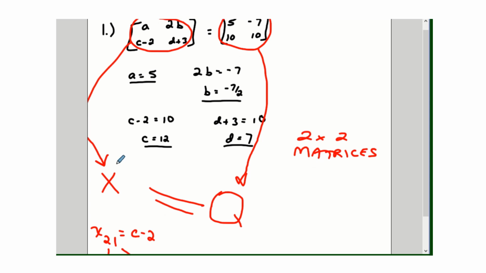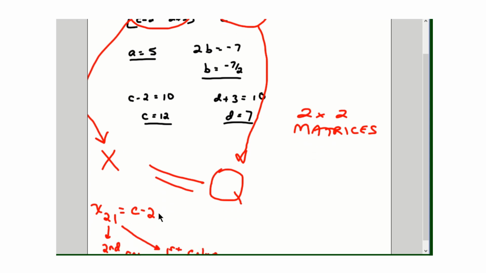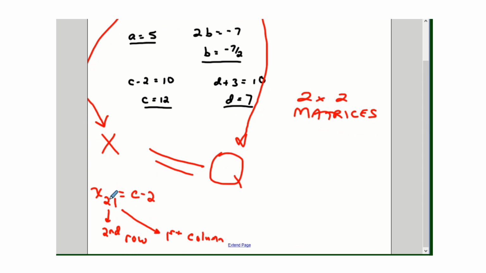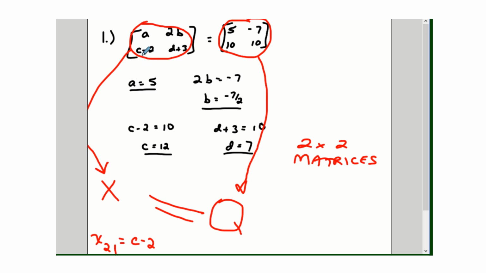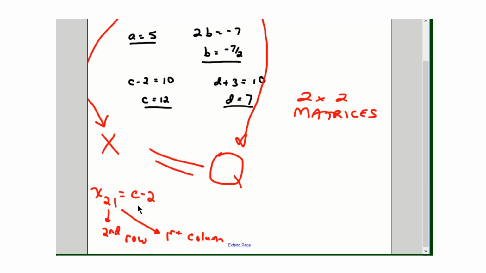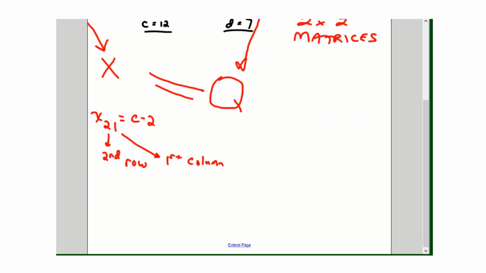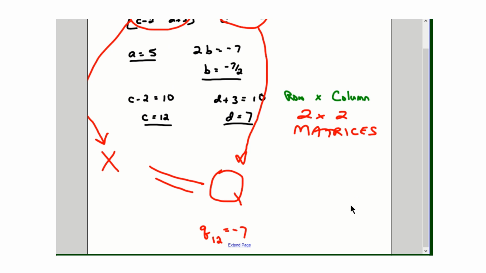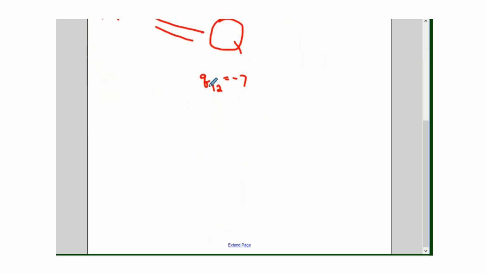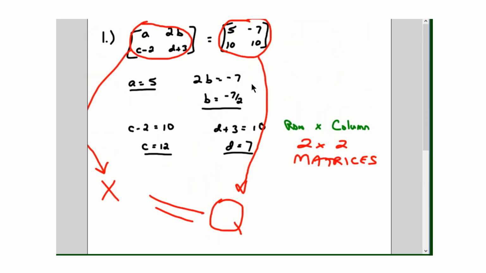Now if this is matrix X, then lowercase x sub 21 would refer to this entry, the element in the second row, first column. Matrix Q in the first row, second column, if this is capital Q, I just made that up.